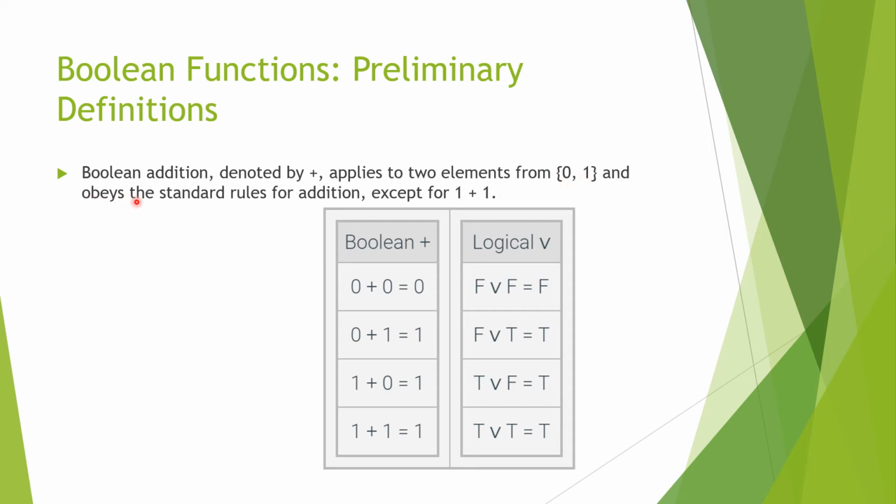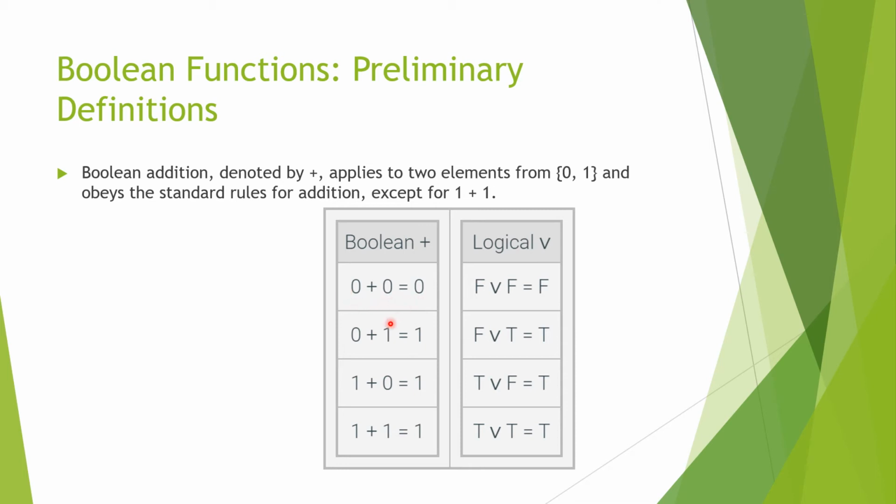And it obeys the standard rules of addition, except that 1 plus 1 in Boolean addition is equal to 1, not 2, because 2 is not defined in Boolean algebra. Everything should be either 0 or 1. So 1 plus 1 is defined as 1. So here is Boolean multiplication. Here is Boolean addition.